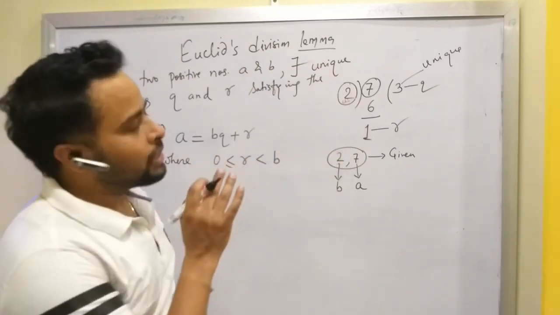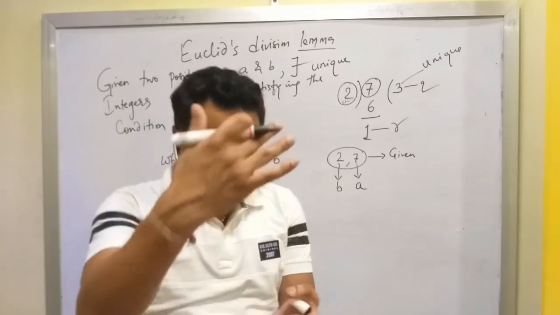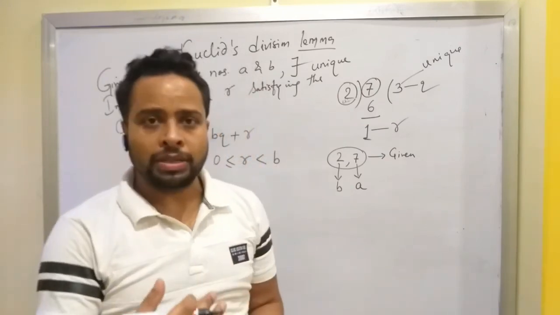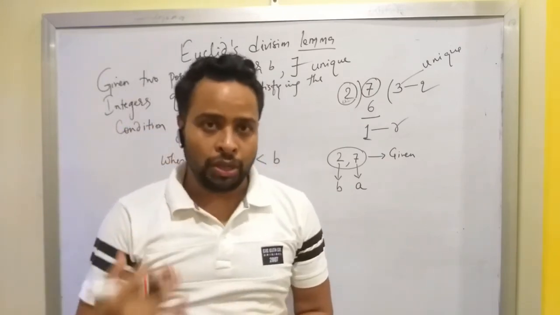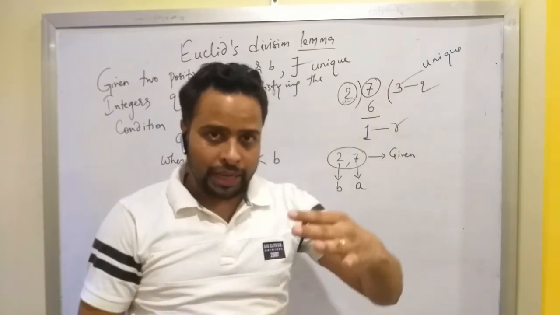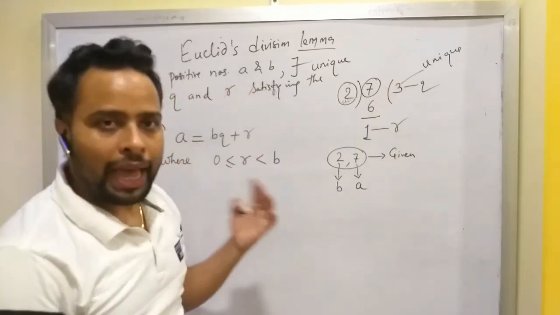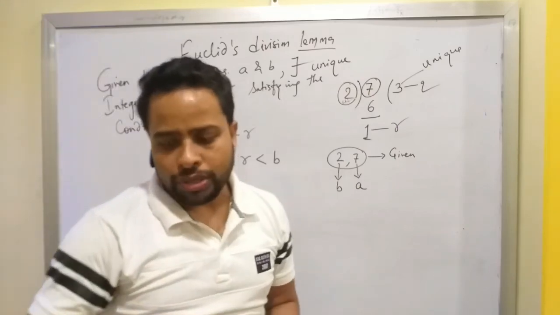Now using this Euclid's division lemma, we can form an algorithm. An algorithm is a series of steps, a series of lemmas used. So let us go to question number 1.